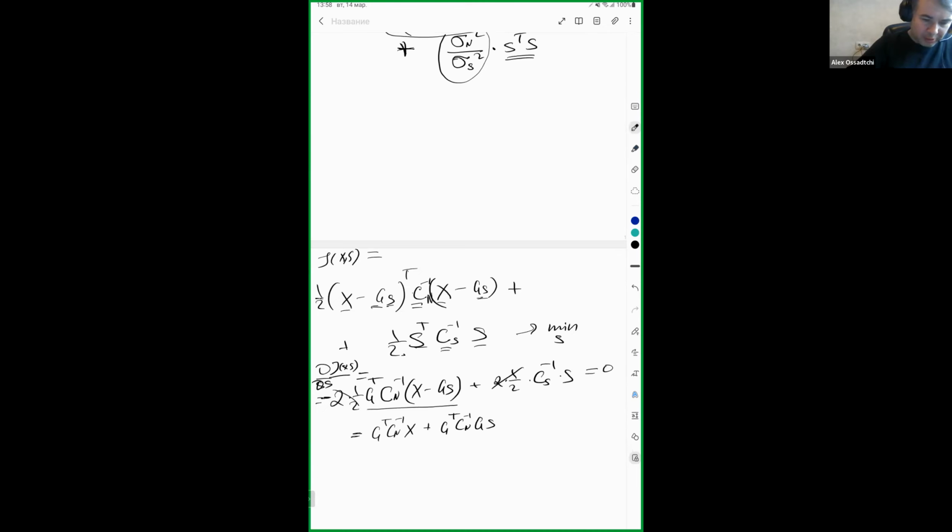Don't forget this minus here, and minus times minus is plus here, okay? And then plus Cs⁻¹ s. So then G transpose Cn⁻¹ x is equal to G transpose Cn⁻¹ G plus Cs⁻¹ times s. Agreed? I just simplified this thing.